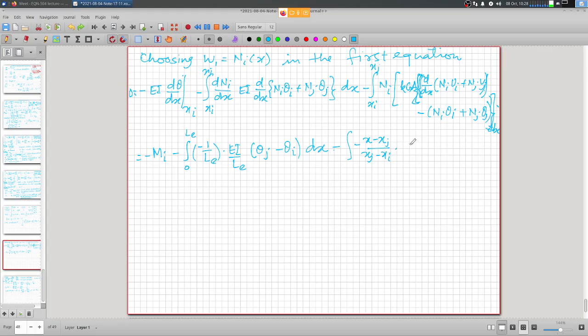So that's Ni multiplied by kappa GA, into, we have this again dNi and dNj, so we have vj minus vi divided by Le, and minus this expression that we have, x minus xj by xj minus xi theta i, plus x minus xi divided by xj minus xi theta j, dx.